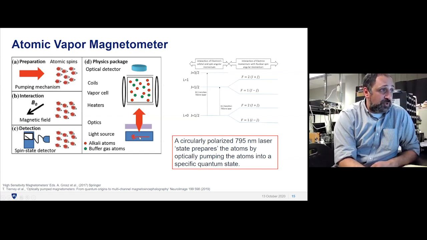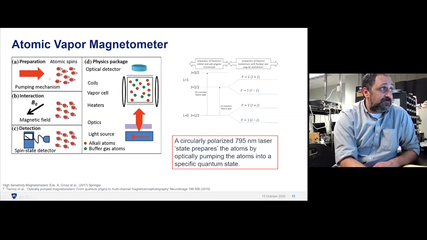We have a laser source, some optics to collimate the light or manipulate it, the polarization specifically. And then we have a detector. We also have coils where we might apply a radio frequency field.